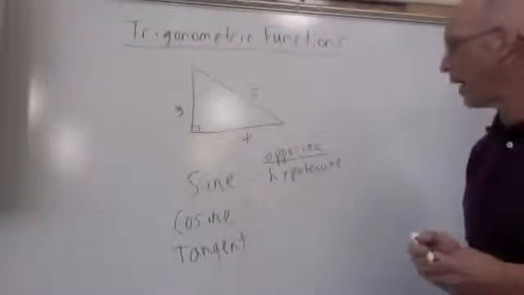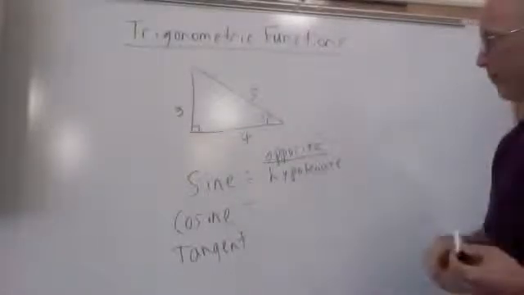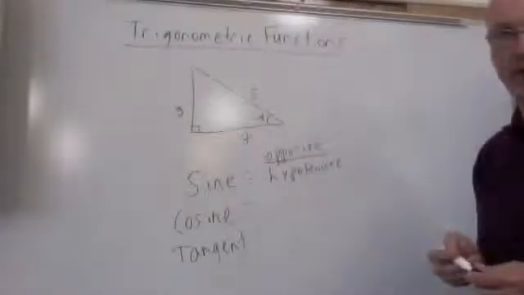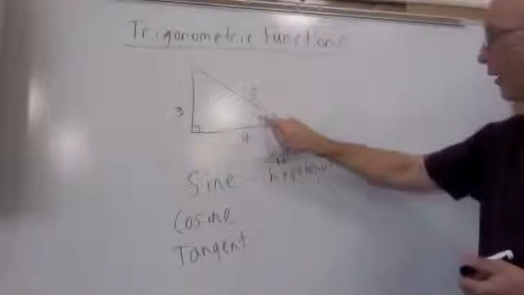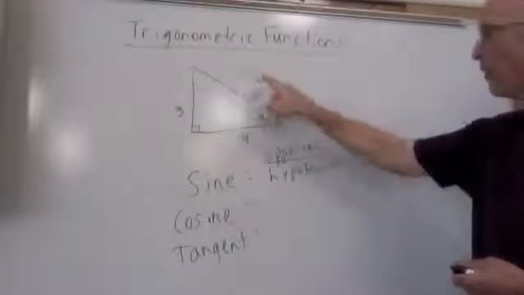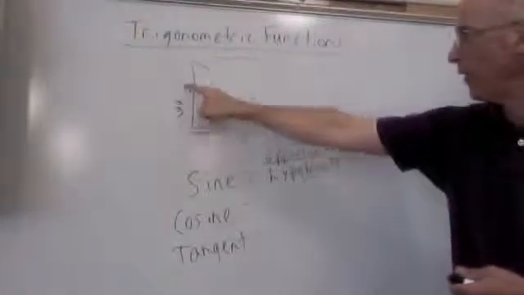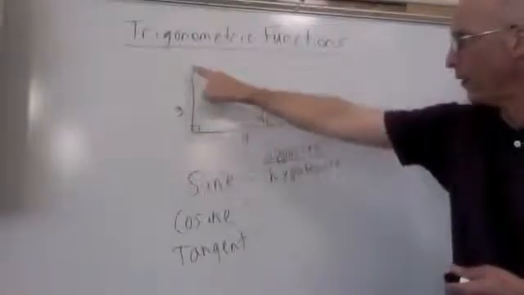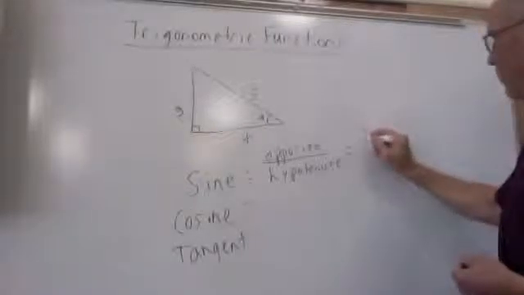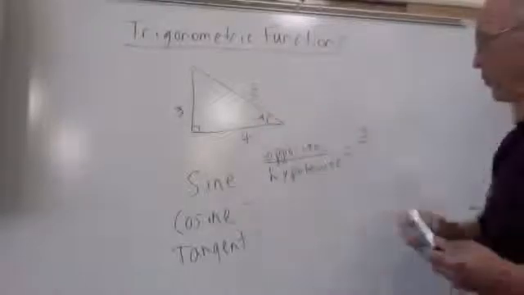Now what they mean by that, let's say that I'm taking this angle here. Let's call it angle A, just so we don't get confused with all the numbers. So angle A here, what they mean by opposite is you go from that angle, we're not talking about the hypotenuse, we're looking opposite of that. There is the opposite side from that angle. So in this case, the opposite would be 3, the length is 3. And we put that over the hypotenuse, which is 5.